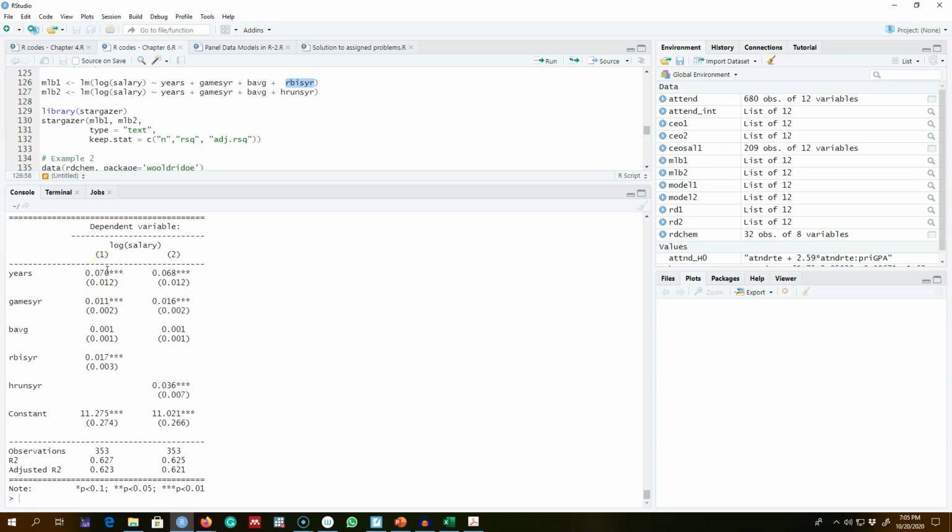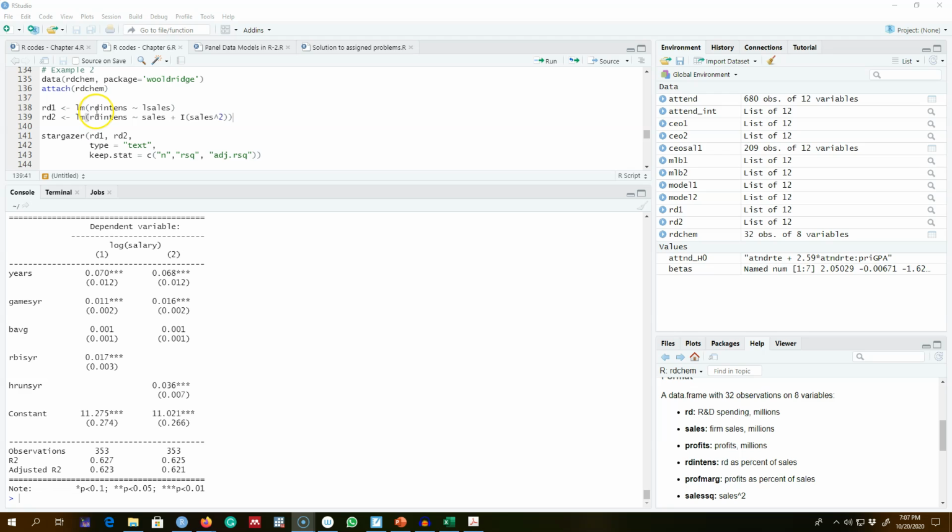Okay, so in the next model, we are interested in explaining R&D spending as a percent of sales based on either log of sales or sales and the square of sales. That is, we can either regress this model on the log of sales, or we can use the quadratic model on sales only without taking the logarithm of it.